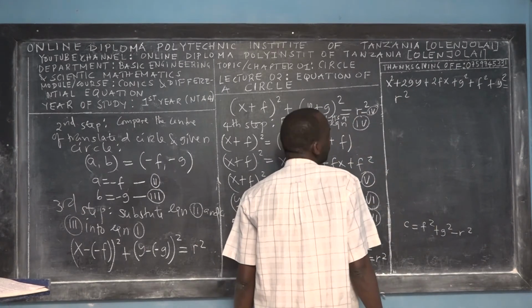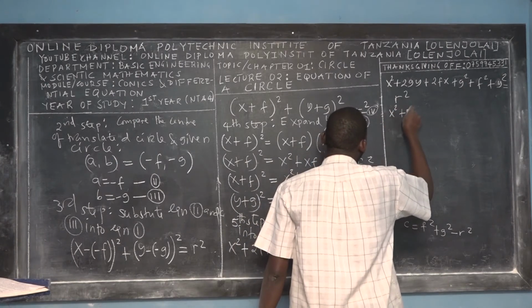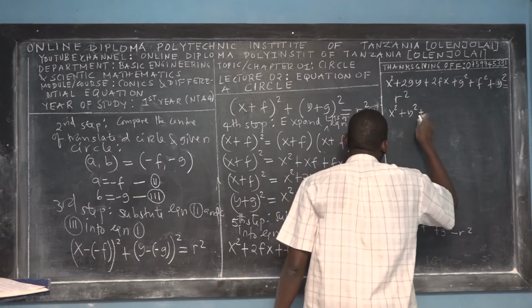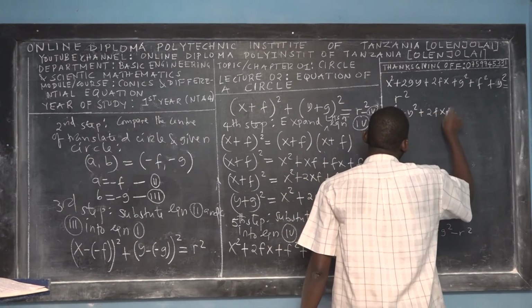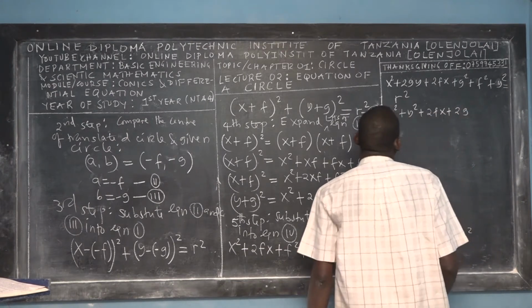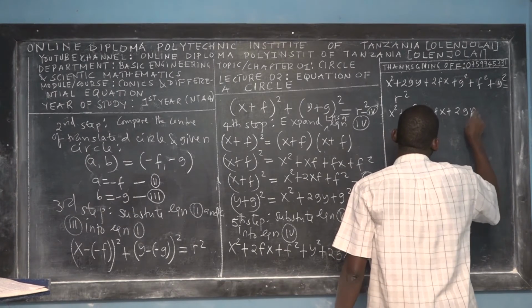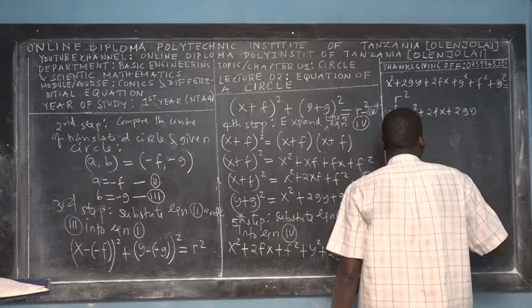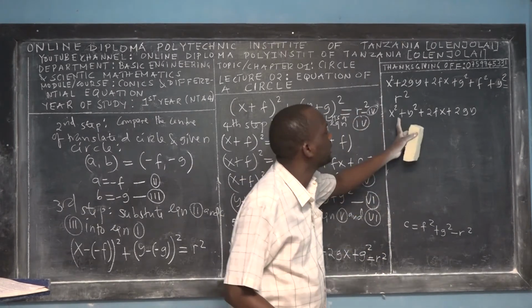In order to do that, it means that what remains is x squared plus y squared on the left hand side, plus 2fx plus 2gy.